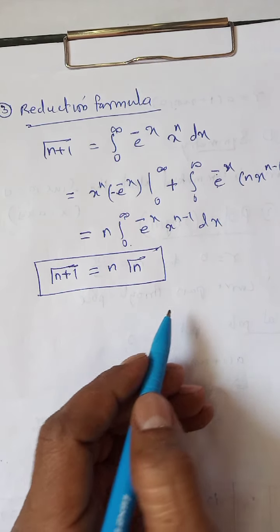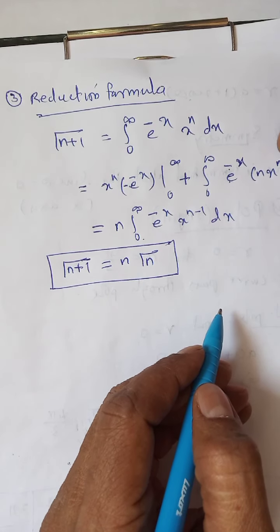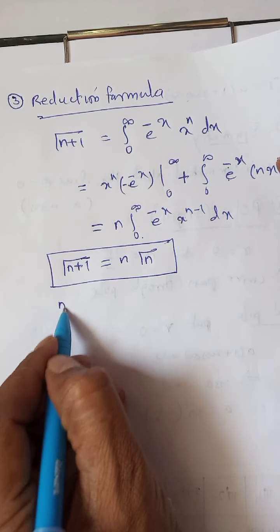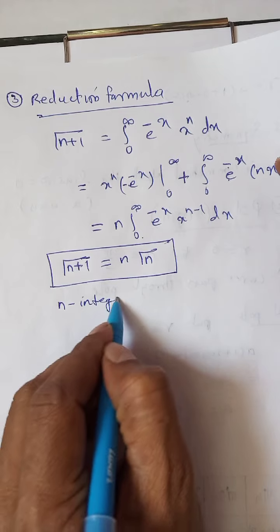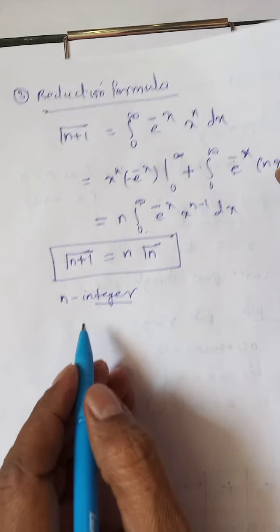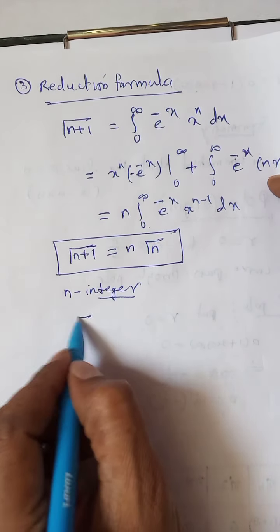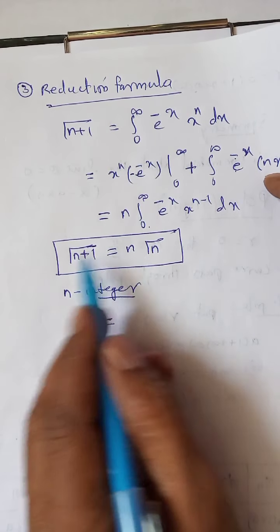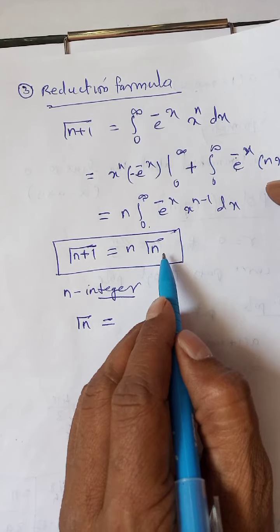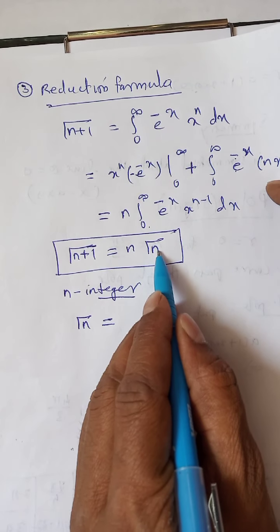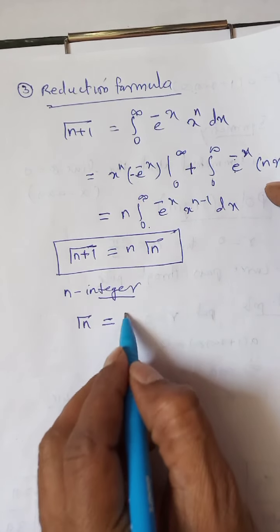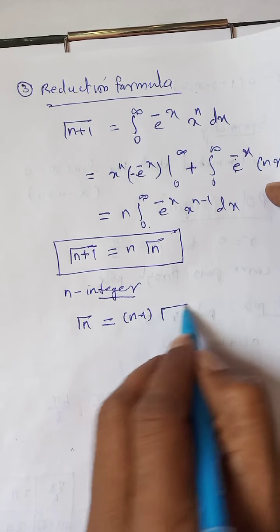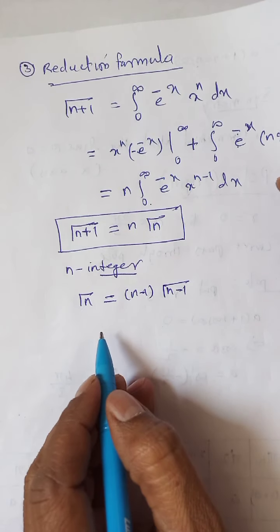So here, if your n is suppose an integer, then see, the value of gamma n will be from this reduction formula. So gamma n plus 1 is n into gamma n, and therefore the value of gamma n from this reduction formula is n minus 1 into gamma n minus 1.